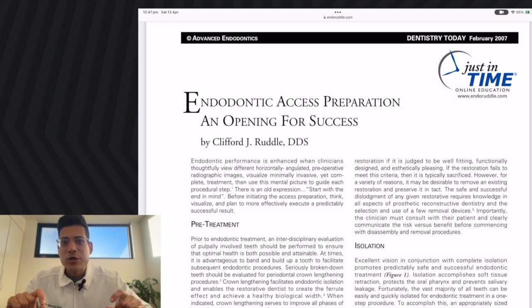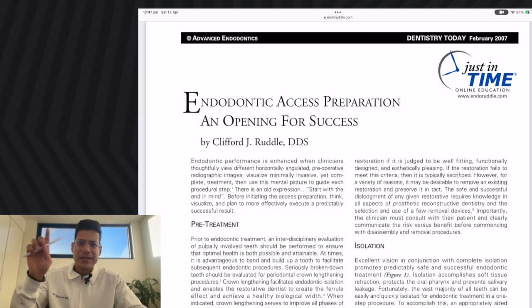But for your new teeth, and some of the other teeth as well, it does not work really well. That's why I will be covering the 4 or 5 points that I want you to consider when you're doing your endo task. So let me go through this quickly with all of you. Access preparation science and opening for success.